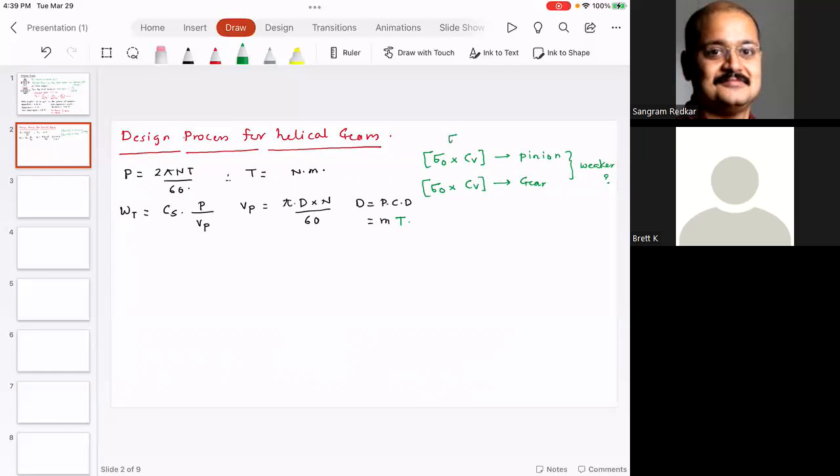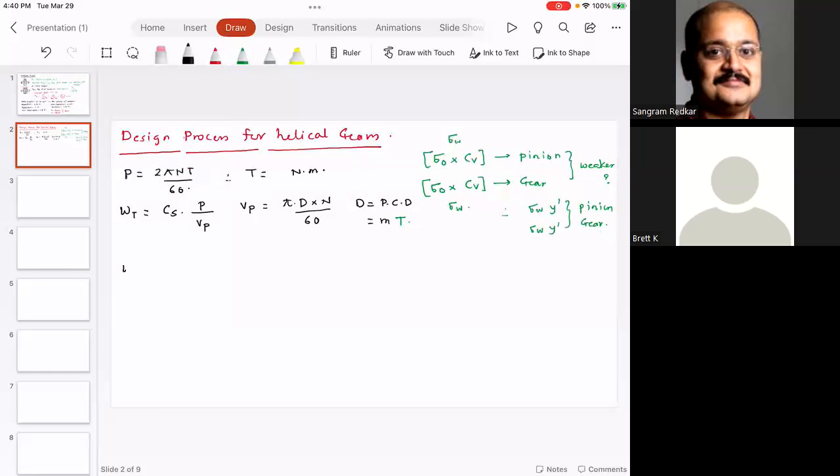This is CW, and then you can do CWY prime for pinion and gear. Once you do that, you will understand out of these two, which one is weaker. And the weaker element needs to be designed. But if the gear and pinion are made of the same material, then naturally the pinion is going to be weaker.